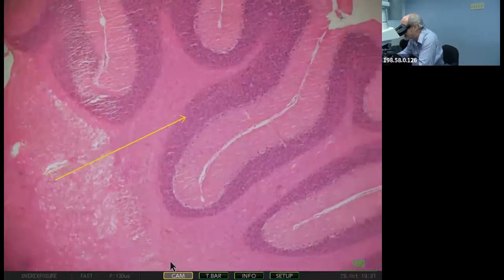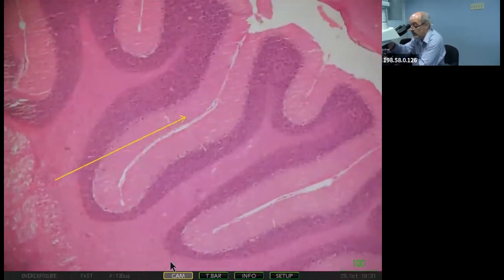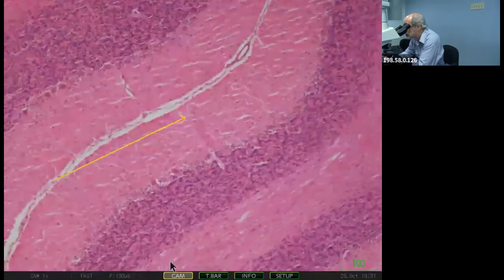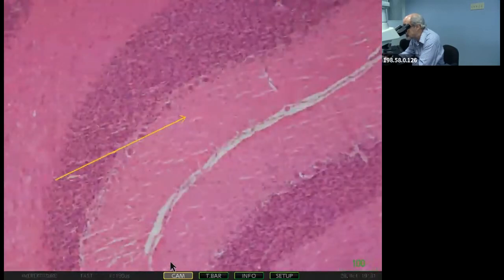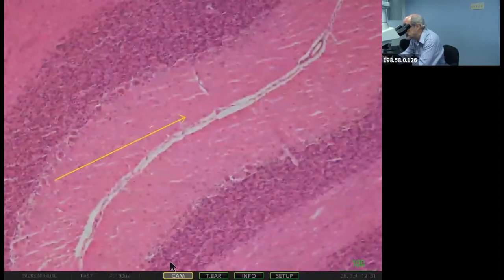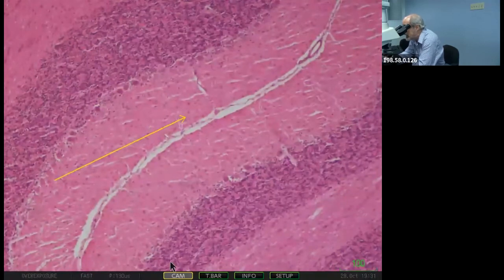If we look at higher magnification now, you have your molecular cell layer, where you don't have so many cells.